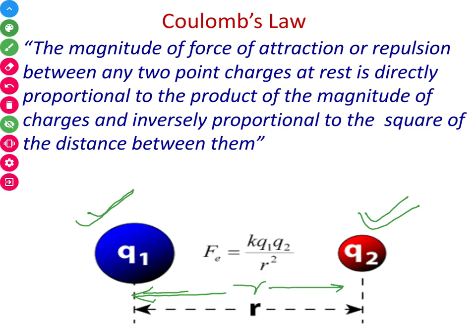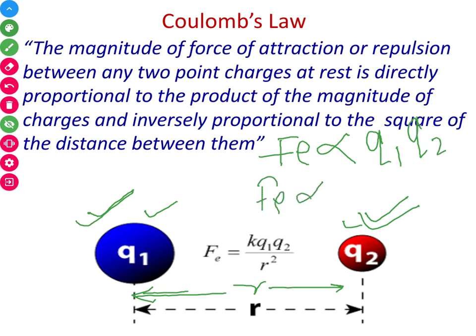The force between these two charged bodies, Fe, is directly proportional to the product of the charges, that is Q1 into Q2, and this electrostatic force is inversely proportional to the square of the distance between these two charges.